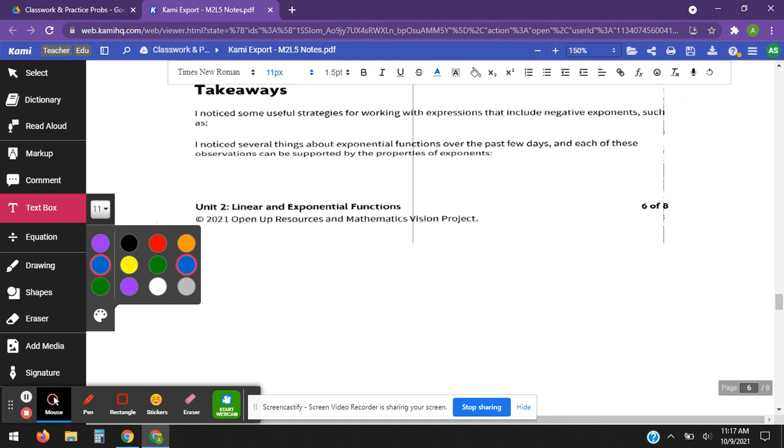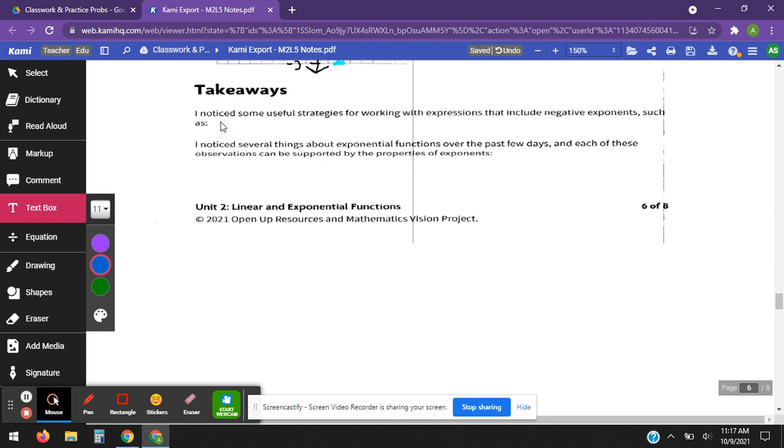All right, so for our takeaways, what did we notice? I noticed several useful strategies working with exponents that are negative.